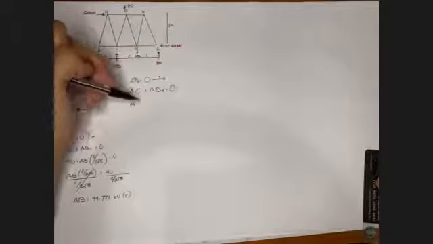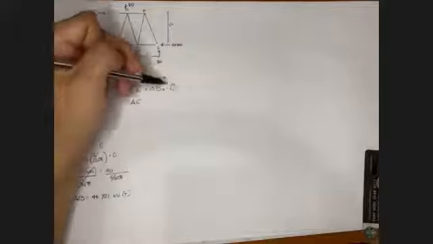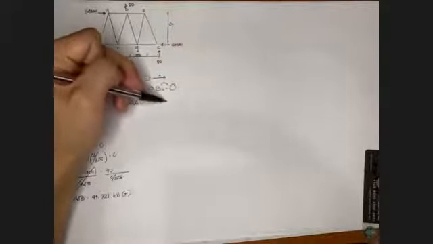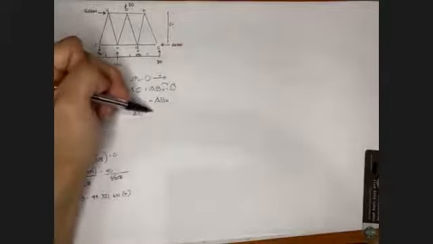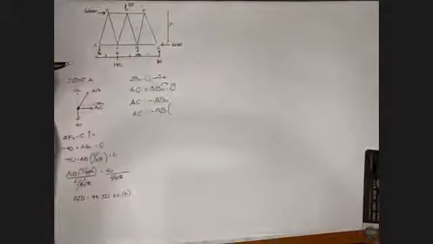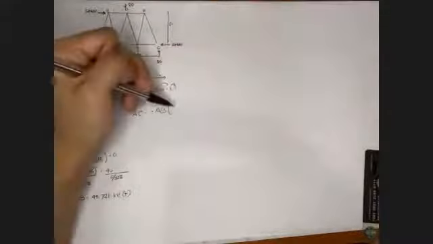So AC natin is now equal, transpose natin doon sa kabila, equal to negative AB horizontal. And we know that AB horizontal is simply AB times the horizontal component. And that would be 3 over 3 square root of 5.